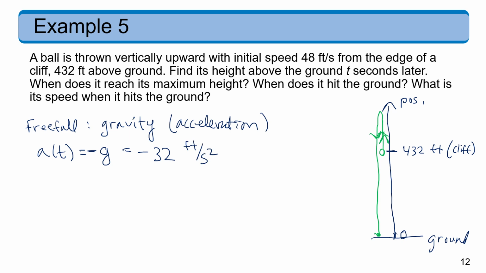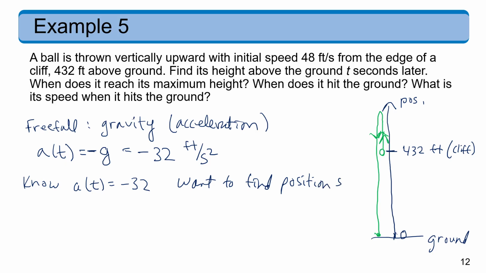So notice what we know is the acceleration. Right, we know a of t is negative 32, and we want to find position, which we usually call s of t. Think about the relationship between those two. What else do we know? If you start with s and you take its derivative, that gives you velocity.